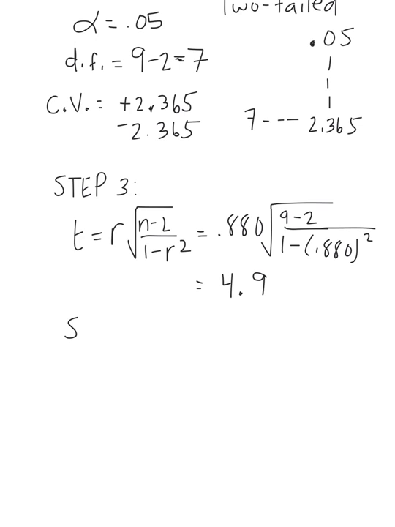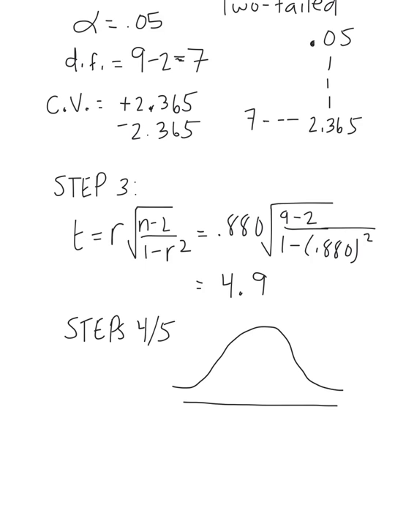We'll do steps 4 and 5 together in one step. We're going to make a decision and then summarize our results. We're going to draw a curve with our test statistic and our critical values. So our critical value of 2.365 and at negative 2.365.